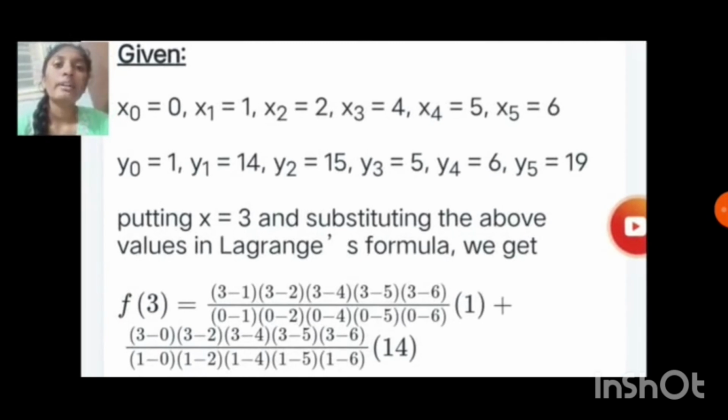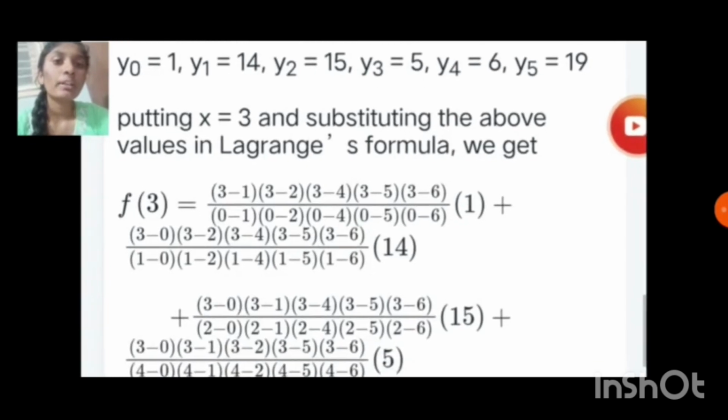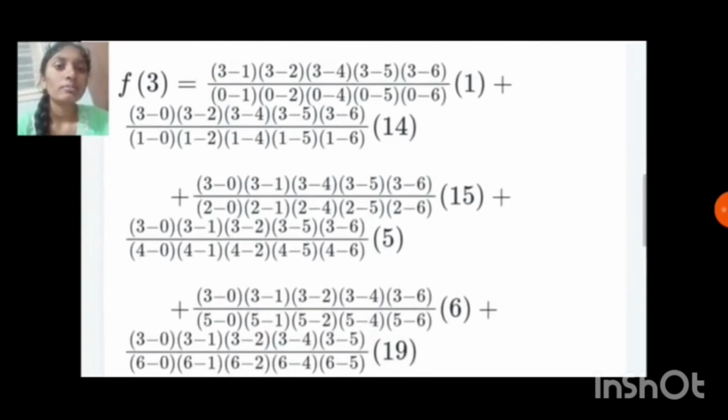Now given x naught is equal to 0, x1 is equal to 1, x2 is equal to 2, x3 is equal to 4, x4 is equal to 5, x5 is equal to 6, y naught is equal to 1, y1 is equal to 14, y2 is equal to 15, y3 is equal to 5, y4 is equal to 6, y5 is equal to 9, and putting x is equal to 3 and substituting the above values in Lagrange's formula, we should find f of 3.